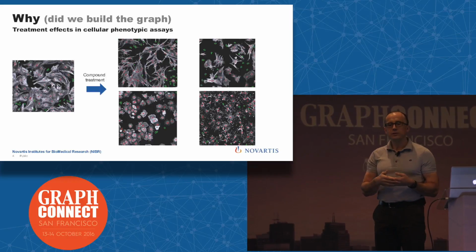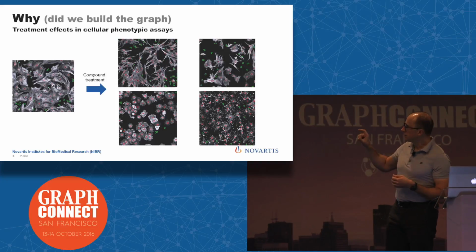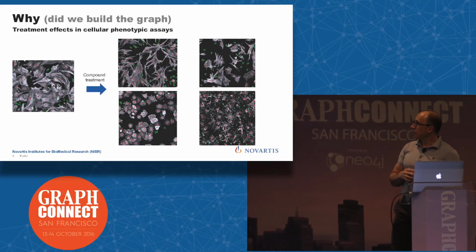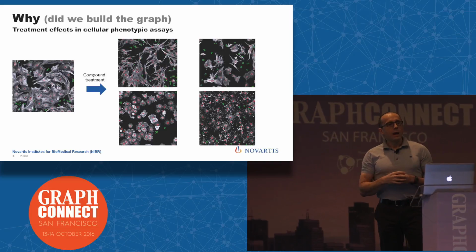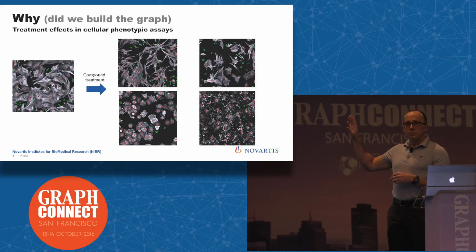And one way to do it is to run these high content screens. So this is a snapshot of a cell culture, and the actual image is much larger. I took a crop of it. And we run large-scale screening assays on these kinds of things.